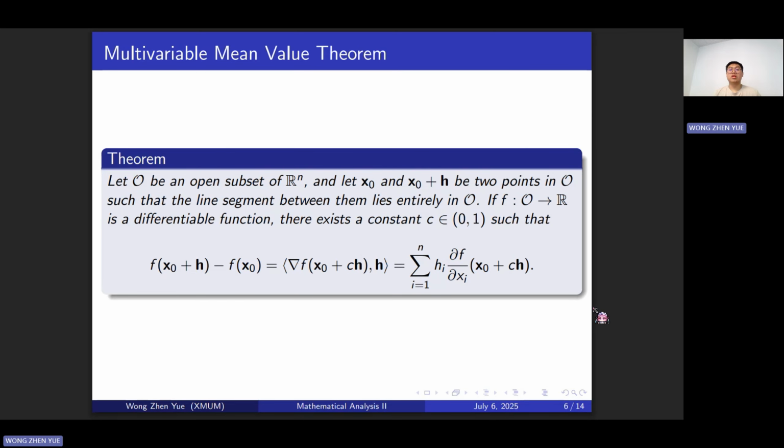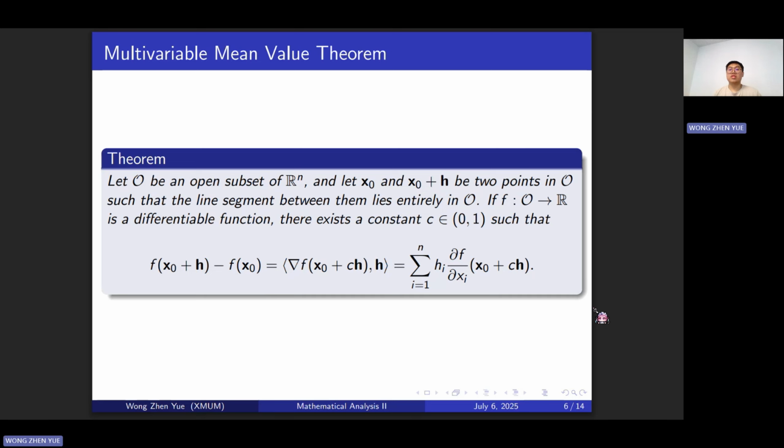Okay, so now we talk about the multivariable mean value theorem. This theorem says: let O be an open subset of R^n, and let s0 and s0 plus h, these 2 points, be inside this open set O, such that the line segment between these 2 points lies entirely inside.